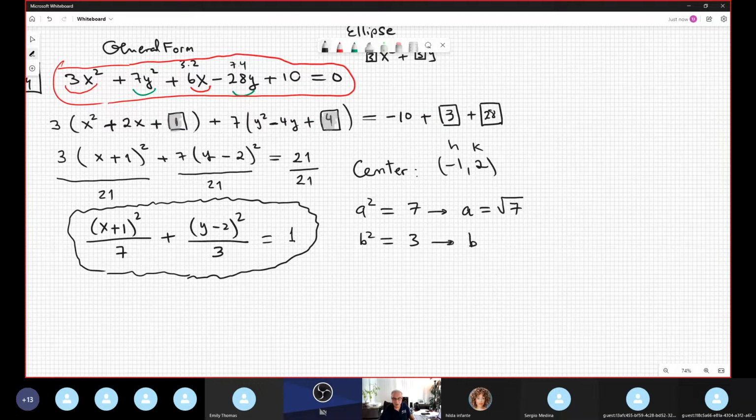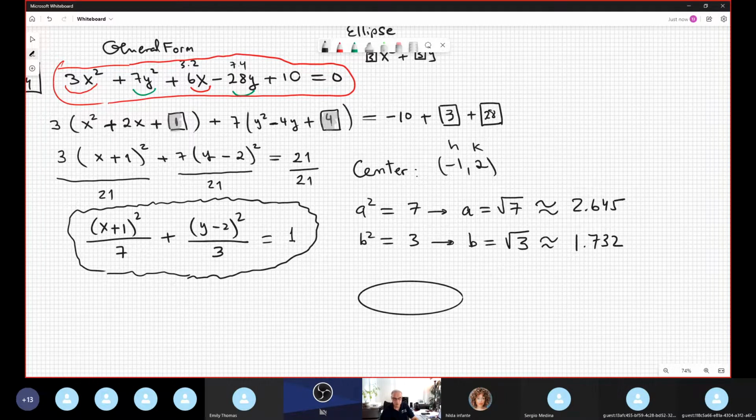And b is radical 3. Immediately, I put it in my calculator, I compute the decimal approximation for that number. It's 2.645, using 3 decimals, guys, because the approximation for the decimals is in 3 decimals to verify everything. 1.732. Okay. I don't care. This is not important. The important thing is: what is the orientation of this ellipse? Is it horizontal or vertical?